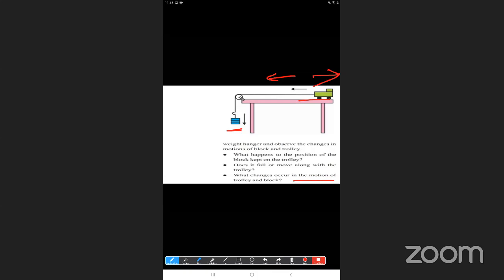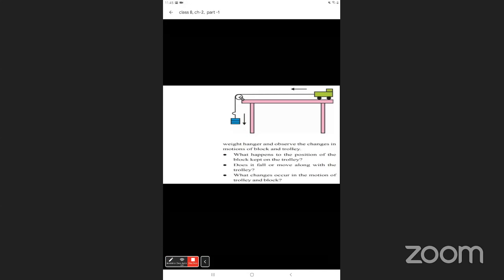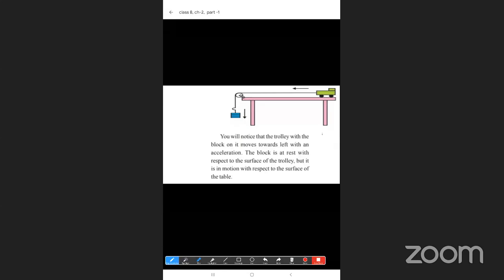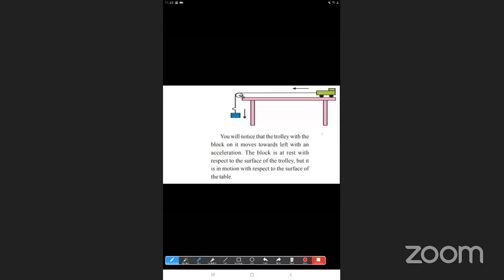So here we'll notice that the trolley with the block on it moves towards the left with an acceleration. The block is at rest with respect to the surface of the trolley, but it is in motion with respect to the surface of the table.